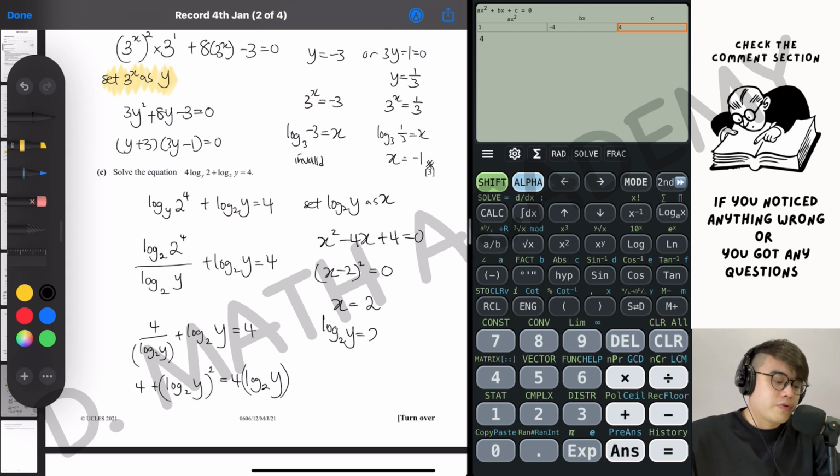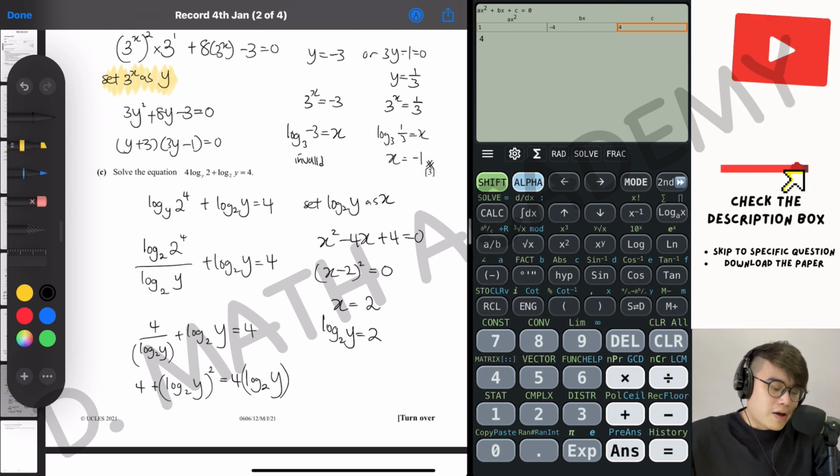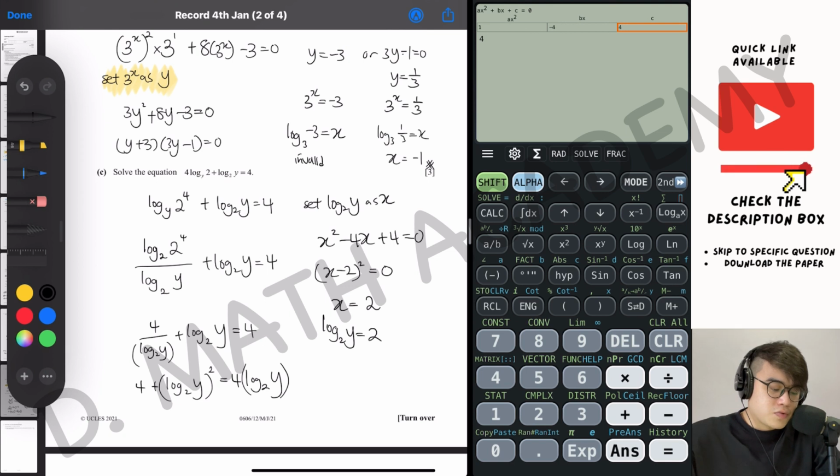When you arrive at this step, all you have to do is to change it back into indices form, where you have 2 as the base, 2 as the power, and you get y. So that's how you find your y as 4 at the end. This is pretty much it for you to solve this section C here.